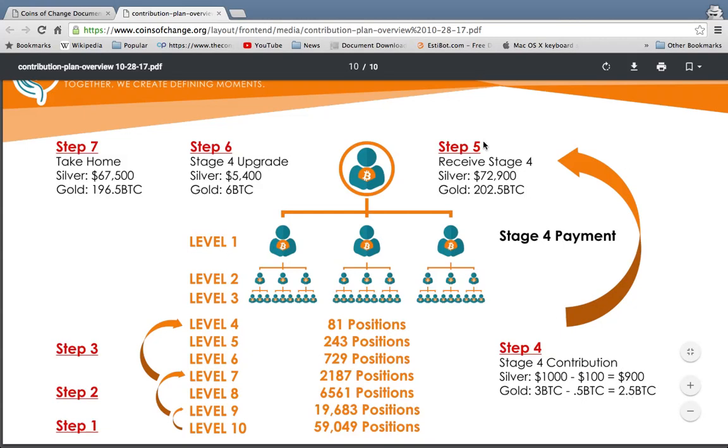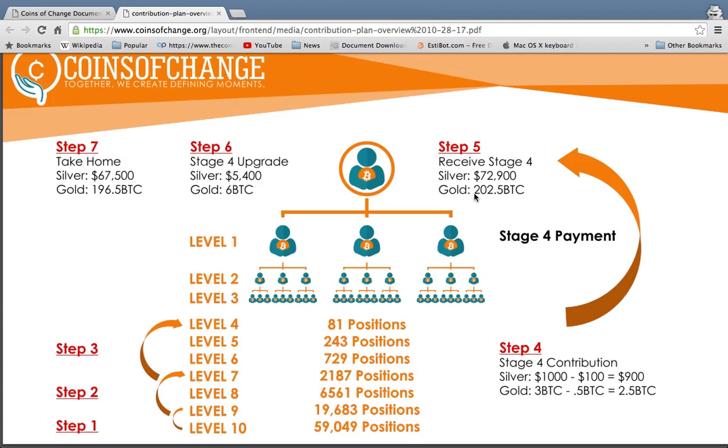And all of that is going to be pushed forward now to you. This is what you're receiving on stage 4. You're receiving a total of 72,900 and 202.5 Bitcoins. This is the power of leverage. You're actually watching it happen.